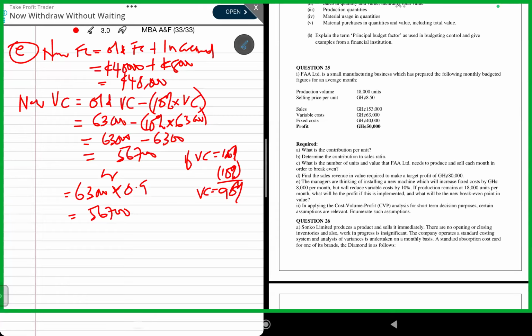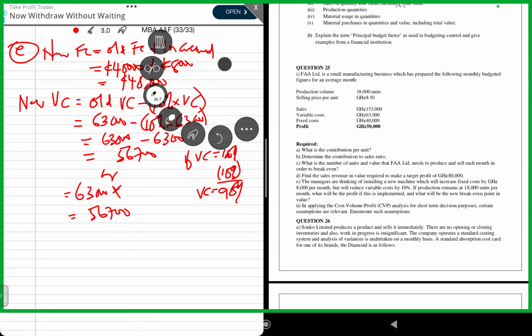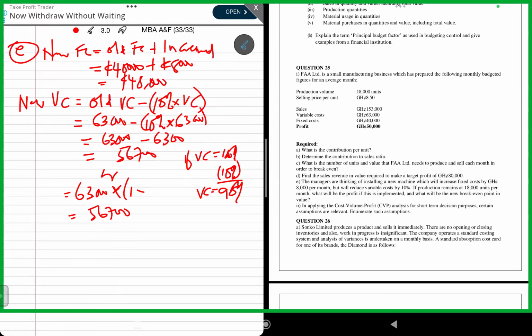Just to show why I got the 0.9, I can do it this way: 1 minus 0.1. Are you getting it? The 100% is 1, the 10% is 0.1.